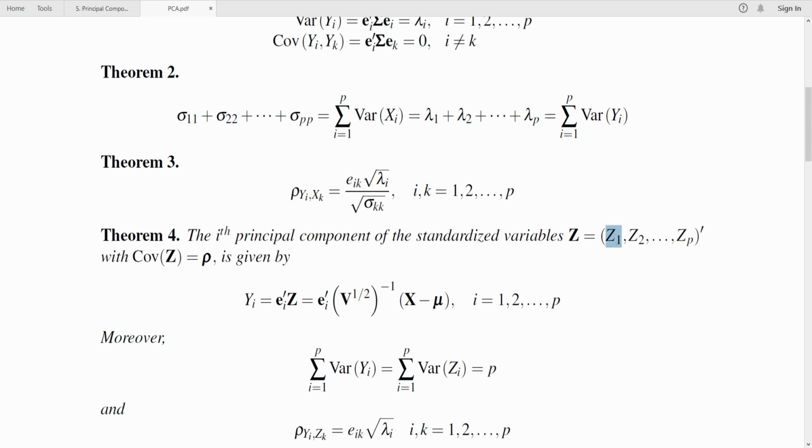What we have shown is that the covariance of our standardized variables is actually going to be rho, which is the correlation matrix of our initial variables.